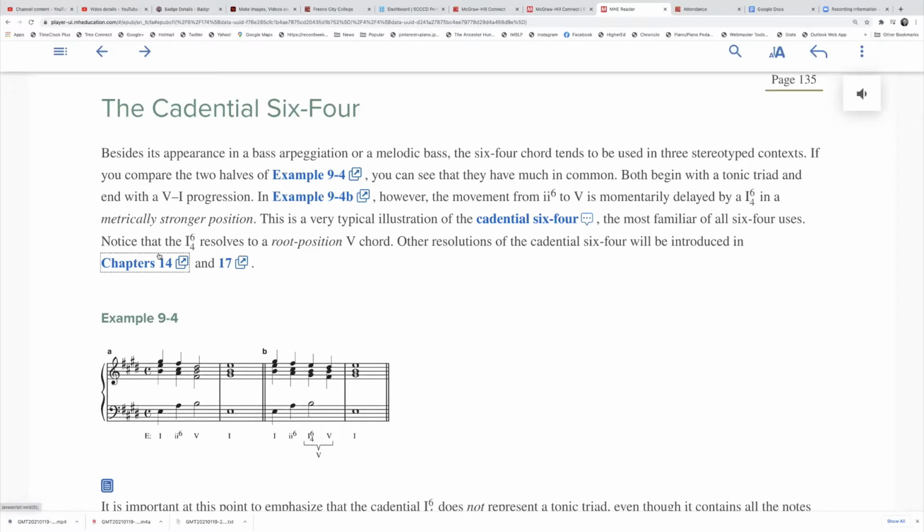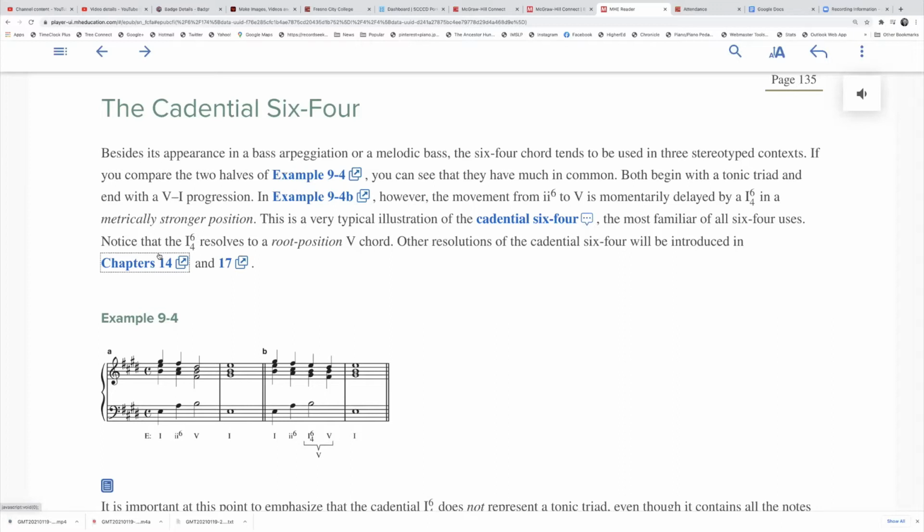Both begin with a tonic triad and end with a 5-1 progression. In example 9-4b, however, the movement from 2-6 to 5 is momentarily delayed by a 1-6-4 in metrically stronger position. Notice the italics. This is a very typical illustration of the cadential 6-4, the most familiar of all 6-4 uses.